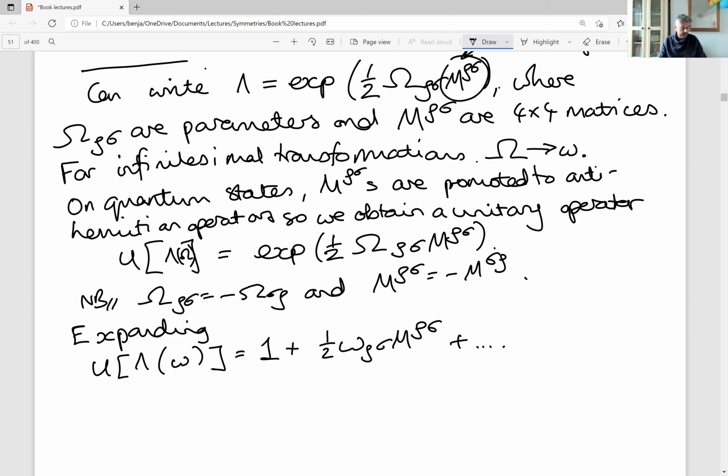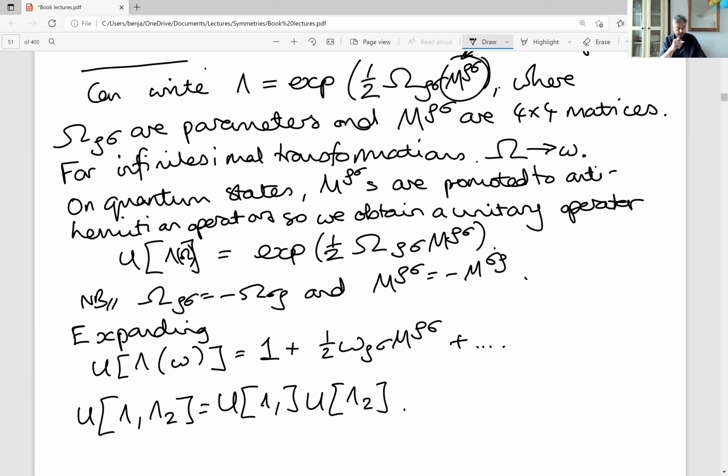Now, we know that we're going to need the unitary operator representing the product of two Lorentz transformations, when acting on a quantum state, to follow the following thing. So it's the product of the unitary operators of each Lorentz transformation.